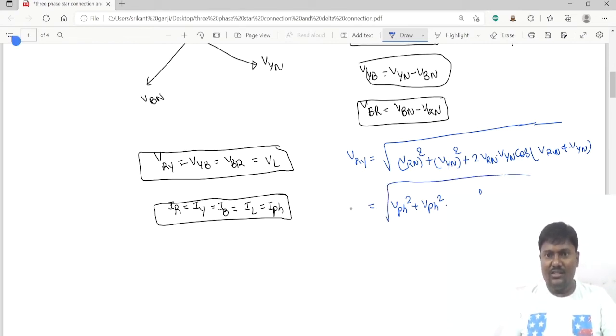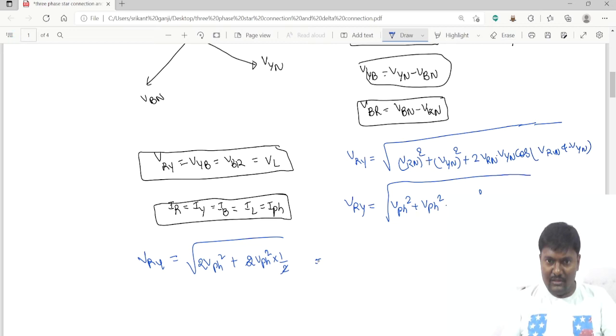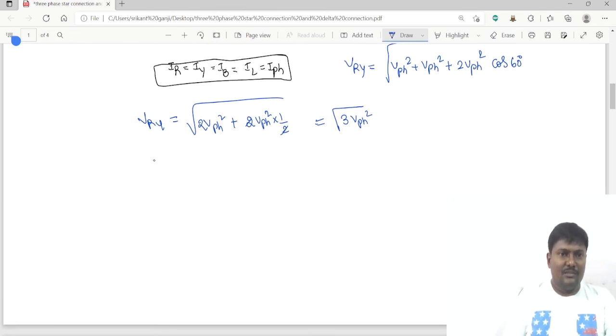And what is the cos 60 value? The cos 60 value is 1 by 2. So it is the square root of 2 V phase squared plus 2 times V phase squared times 1 by 2, and the 2s cancel. Now I am getting 3 V phase squared, and from this VRY is equal to VL is equal to root 3 times V phase.